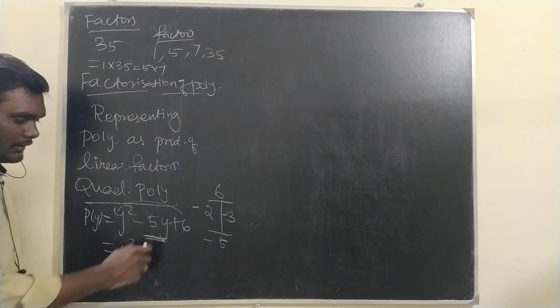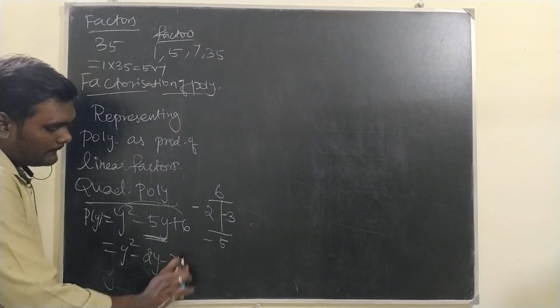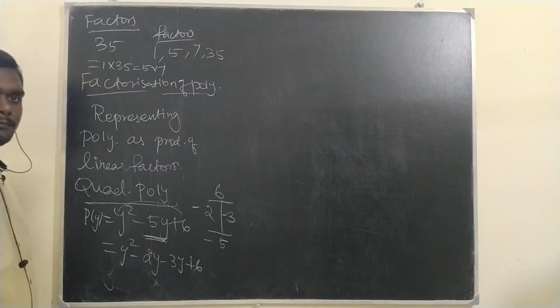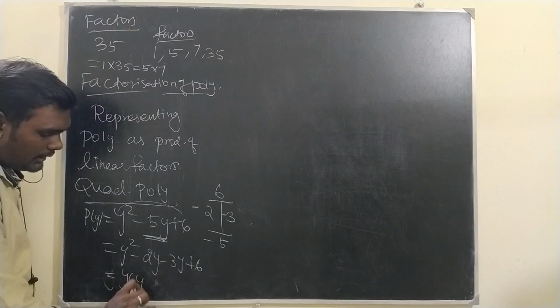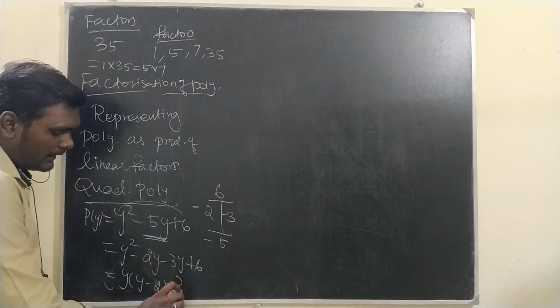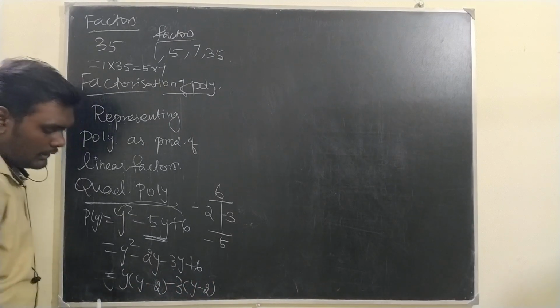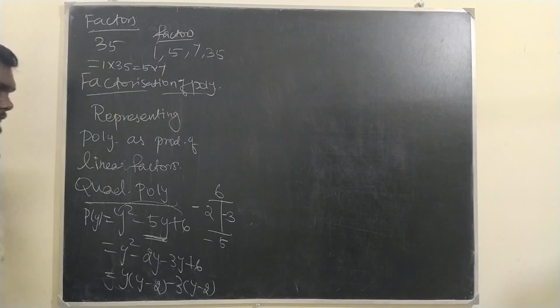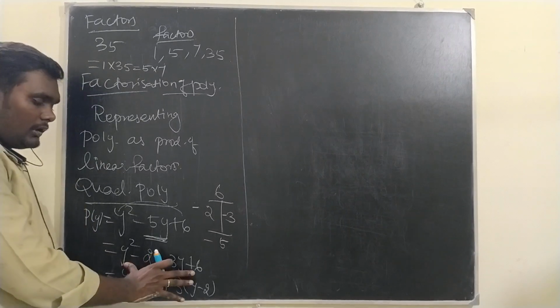This minus 5y can be split as minus 2y minus 3y. Okay. Now from this we can take out common things. y can be taken out, so y into y minus 2. And then from this minus 3 can be taken out, so minus 3 into y minus 2. Now here how many terms are there? Four terms are there.